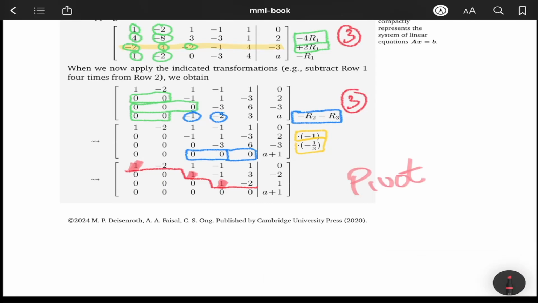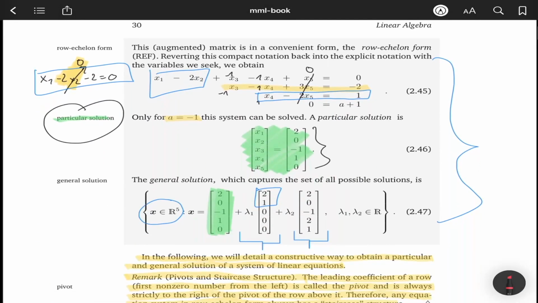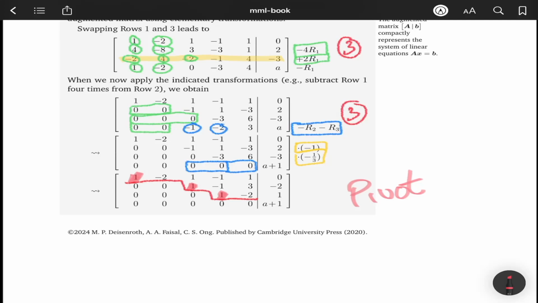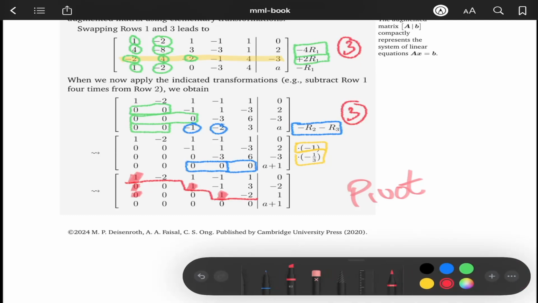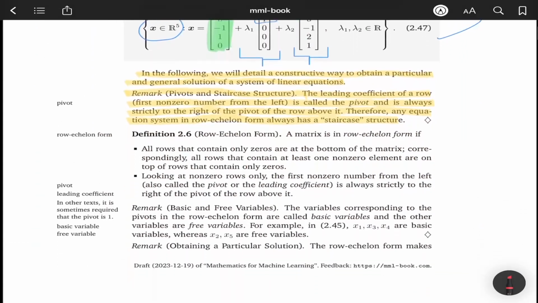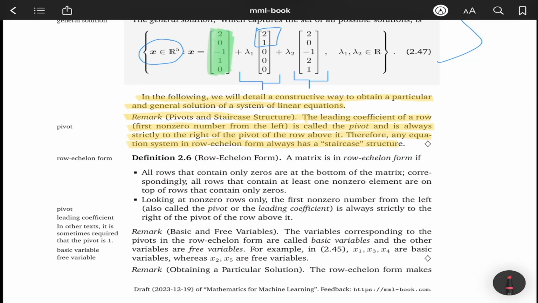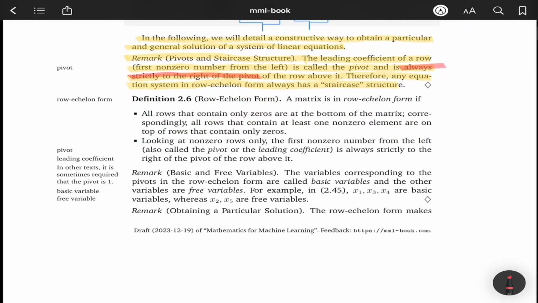It's always the first one in the row, and if there are any numbers to the left, they must be 0. And you cannot have a pivot under another; they have to be to the right of the row above. That's what they mean with strictly to the right of the pivot of the row above.